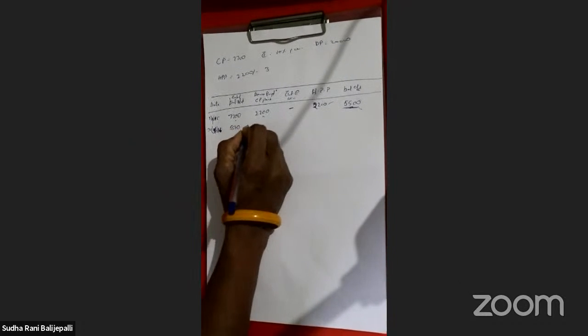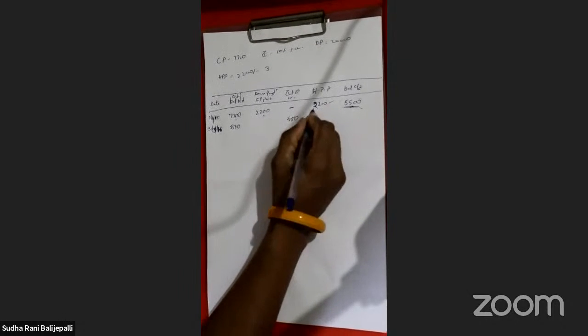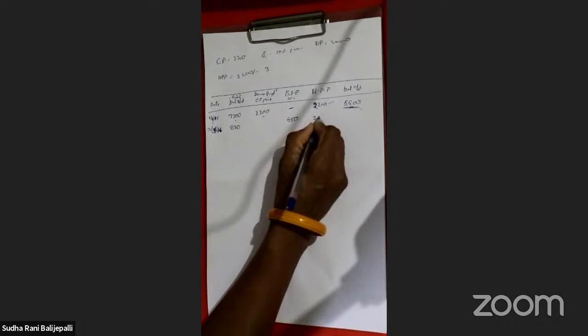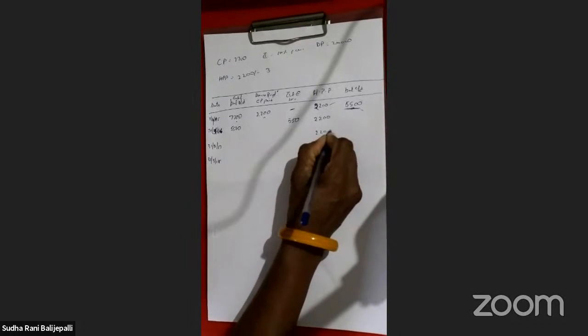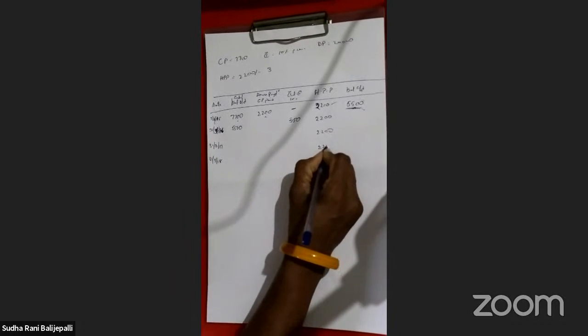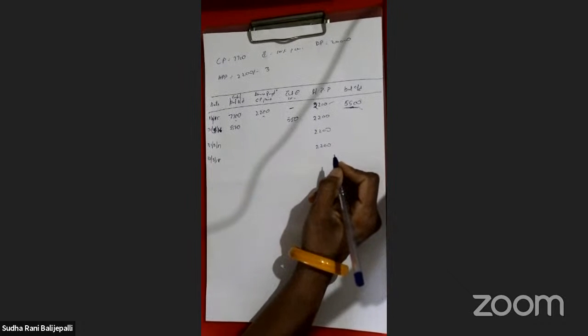So upon 5,500, calculate the interest. 10%, 550. Right? What is your installment? Every installment that you are paying. How many equal installments he paid? 3 equal installments. So 31st March 16, 17, 31st March 18. So all the installments he paid equally. 2,200 first installment, second installment 2,200, third installment also 2,200. He paid all installments equally.